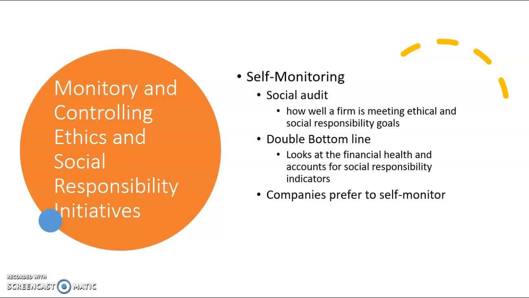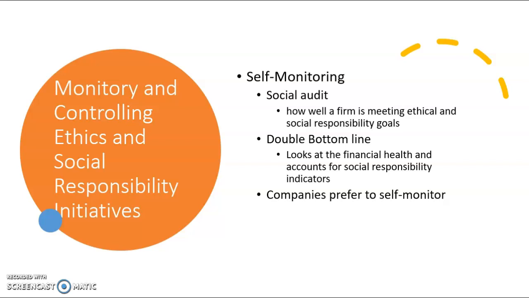So this is usually done through self-monitoring, either through a social audit, which tells a firm how well they're meeting ethical and social responsibility goals that are set within the company, or looking at the double bottom line, so you look at the financial health of the company, but also look at whether you're healthy in terms of social responsibility.